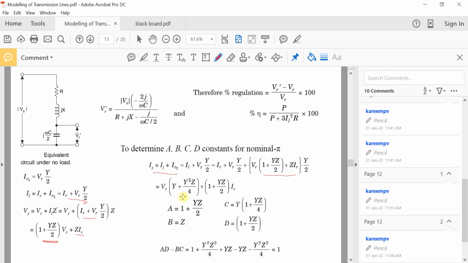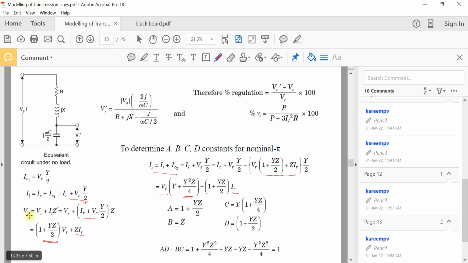That is how you are getting this. Now the coefficient of IR is 1 here, plus IR into ZY by 2, because this will be Z IR into Y by 2. So 1 plus YZ by 2 into IR. So this is the expression for Is in terms of VR and IR.